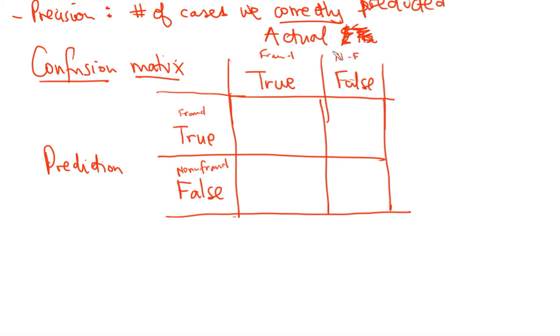So let's fill in this matrix. If we have predicted true and the actual is true, that is called a true positive, because we have predicted true and it's actually true. And if we predict true but it's actually false, that is called a false positive, because we have falsely predicted it to be positive.